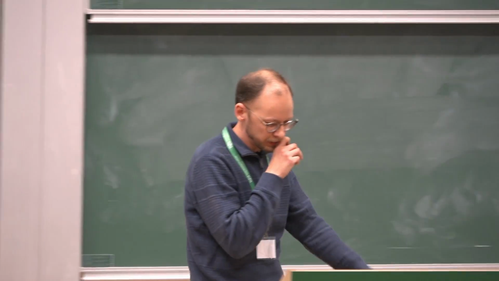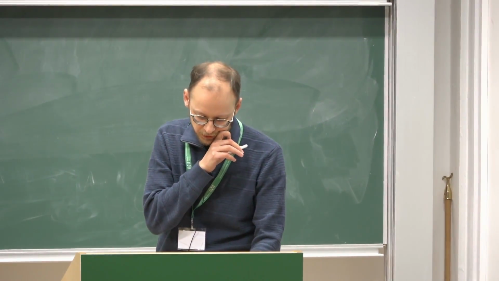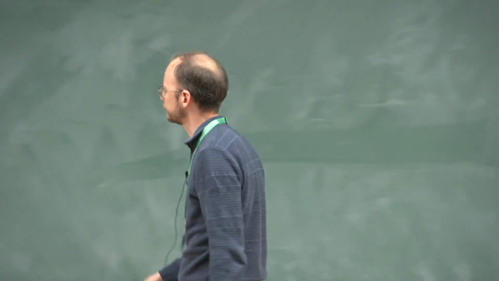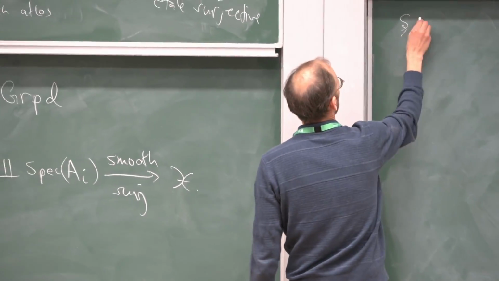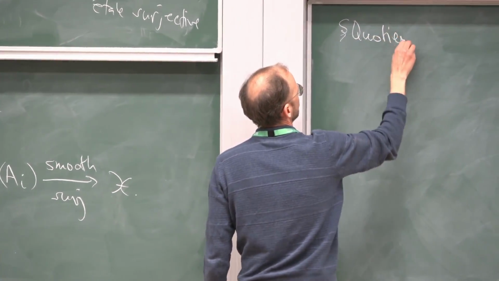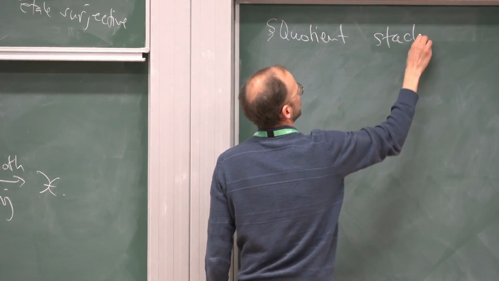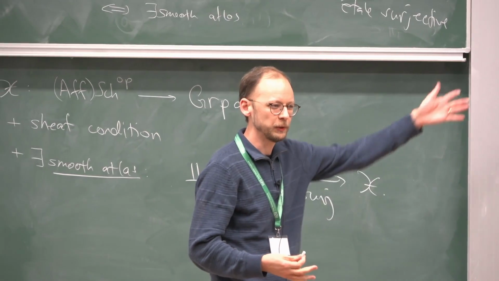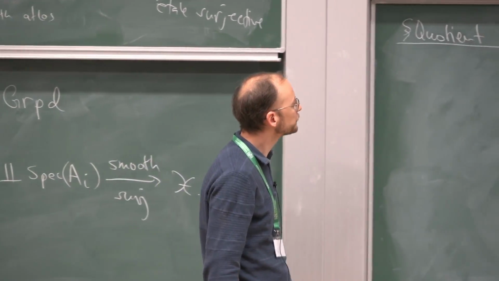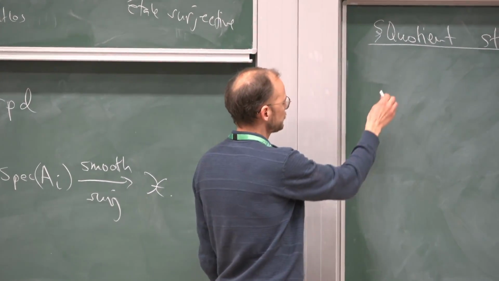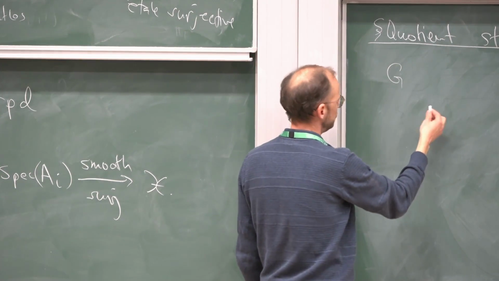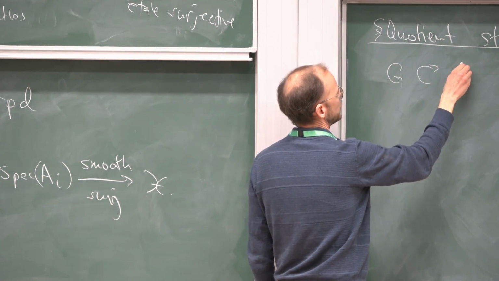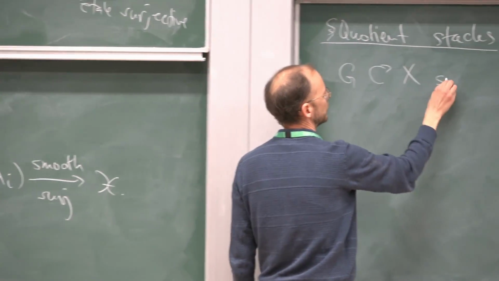Okay, but to tie this now back to Josh's talk and so on, let's do quotient stacks. And essentially all stacks that I write down will be quotient stacks of one form or another. So start with a group scheme, just a linear algebraic group, say, acting on some scheme.